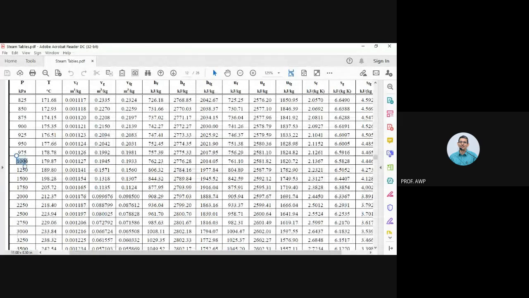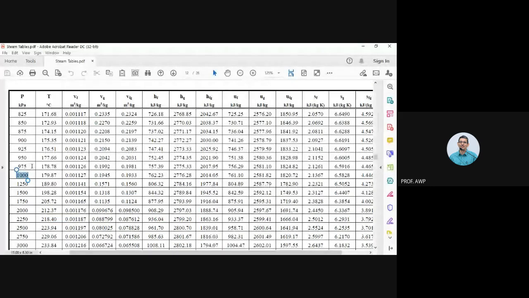This is 1000 kilopascal, means is it 10 bar? Yes, sir. Right. So 10 bar. What is the temperature correspondingly? 179.87. Somebody note down this. Approximately 180 degrees centigrade. What is the enthalpy of saturated steam? It is 2776.28.